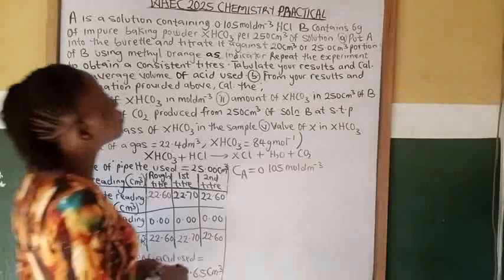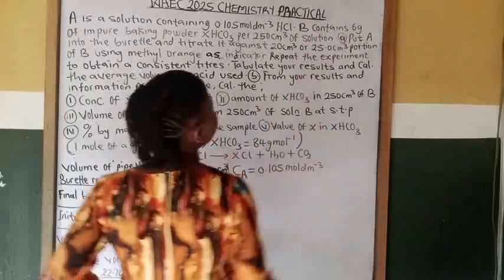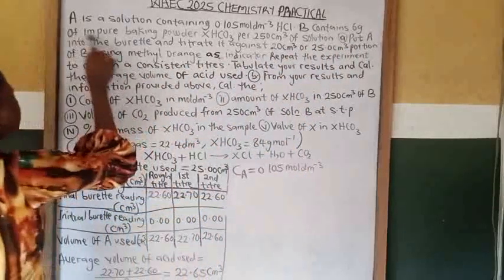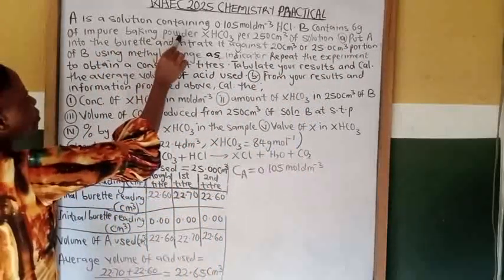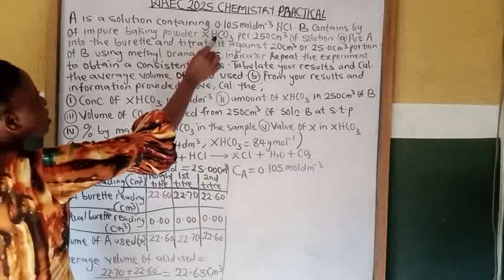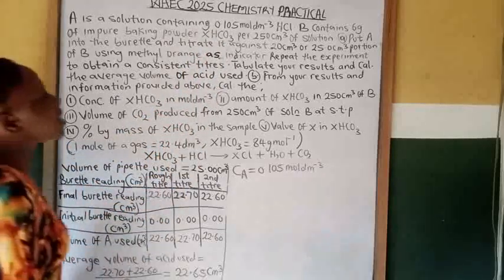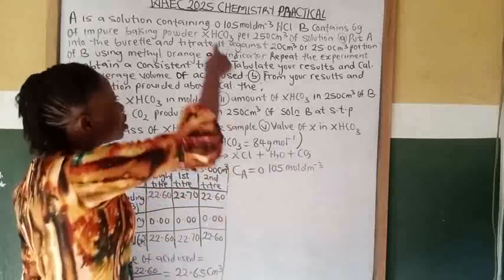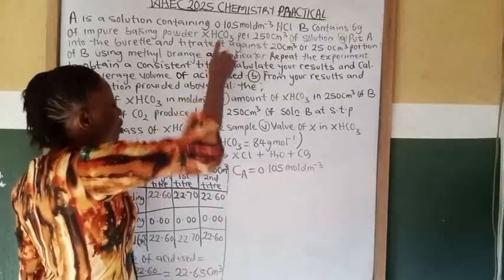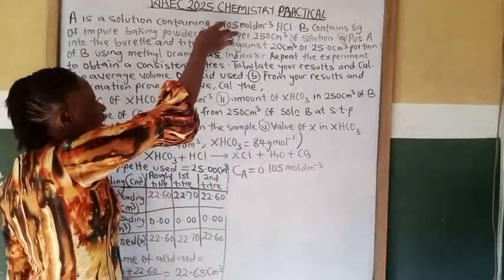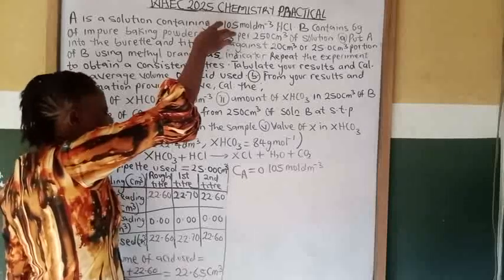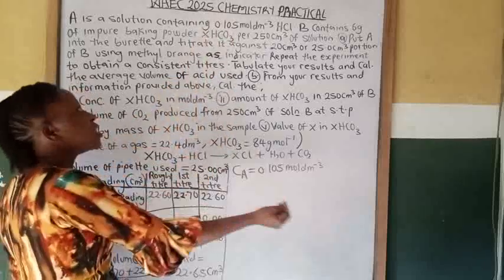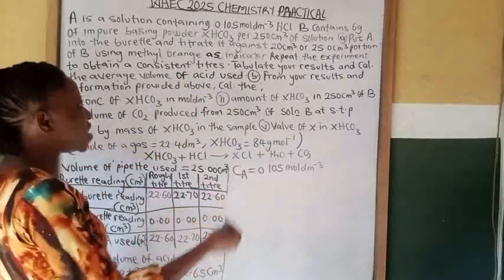Then let's read further. B contains 6 grams of impure baking powder, NaHCO3. So it shows that an impure substance is added to NaHCO3, which is our real sample, our real base, but something has been added to it, which is the impurity.